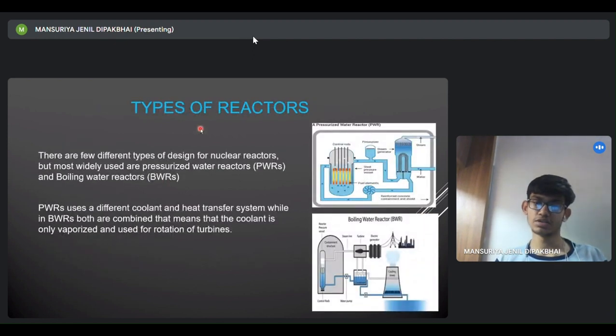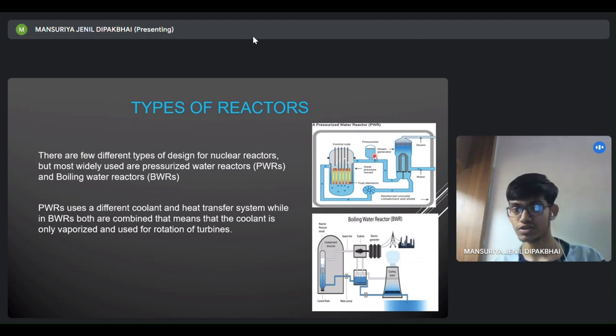Types of reactors. There are many types of nuclear reactors, but widely two types of reactors are used: pressurized water reactor and boiling water reactor. In a pressurized water reactor, there are two different systems, the coolant and heat transfer system.